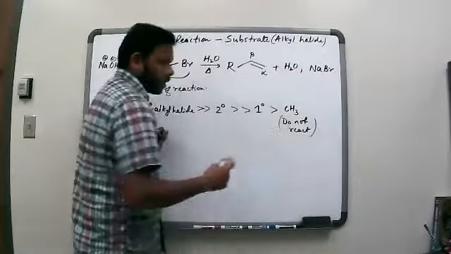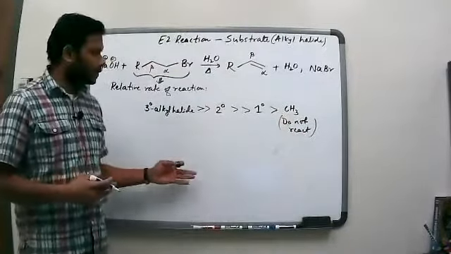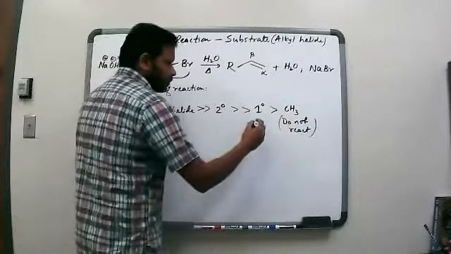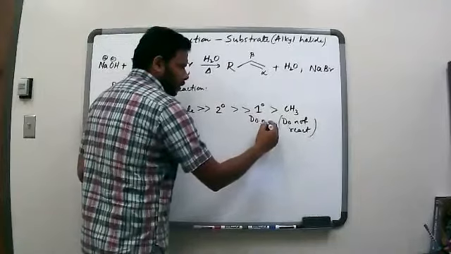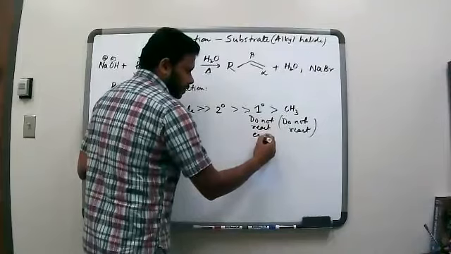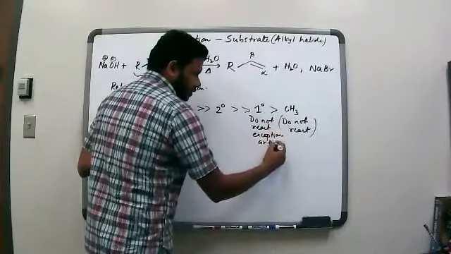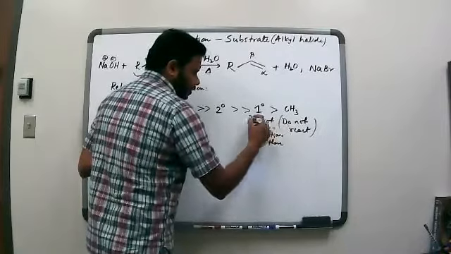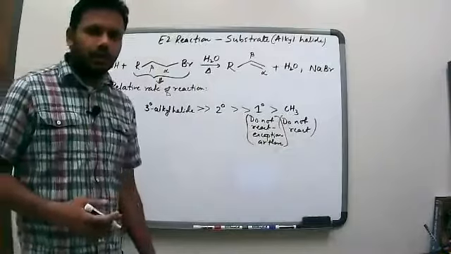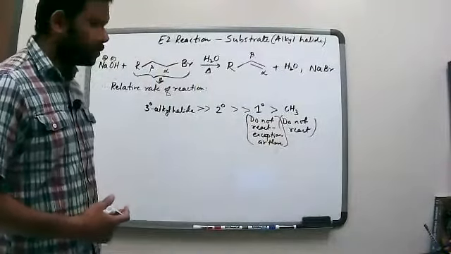Okay, so it's kind of opposite to what we saw in an SN2 reaction. In fact, the same is true for primary. Primaries do not react, but there are exceptions. These don't react usually in an E2 reaction, but exceptions are there to this situation.